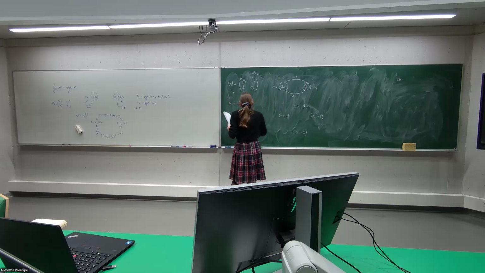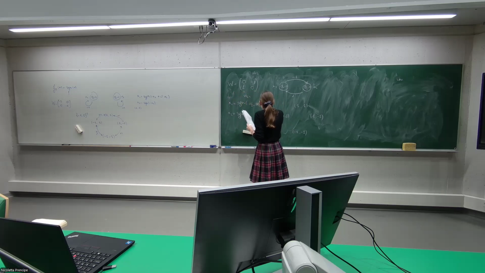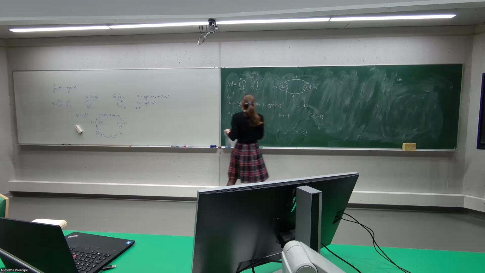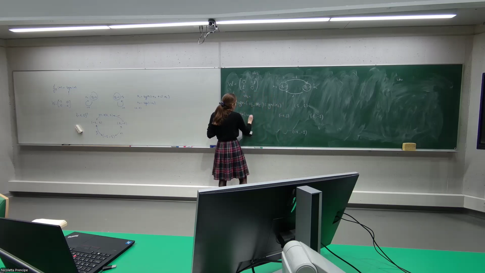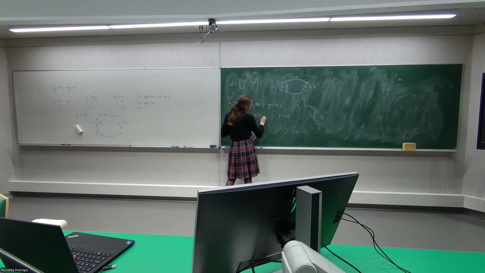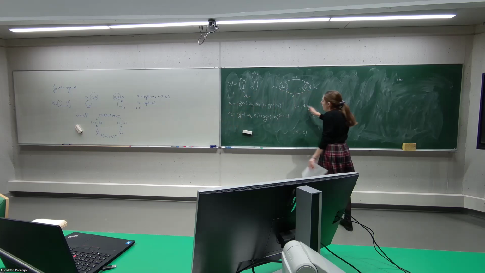Let's write it all: this is sign of W2,1 x2, and this is sign of W1,2 x1, so this is sign of minus x1. So if I update x1 here, we stay here.